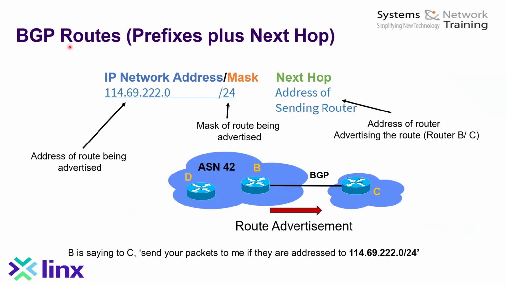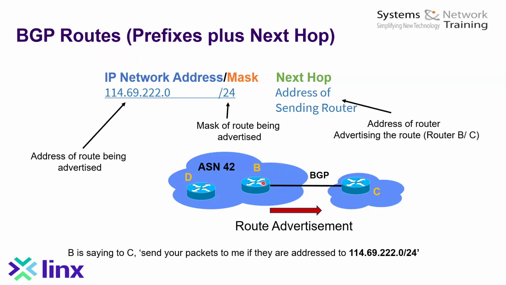So what's a BGP route, and how is it different from a prefix? Well, it's fairly straightforward. I'm being a little bit simplistic here, but basically the route is a combination of the prefix plus the router ID that's advertising the route to another router.